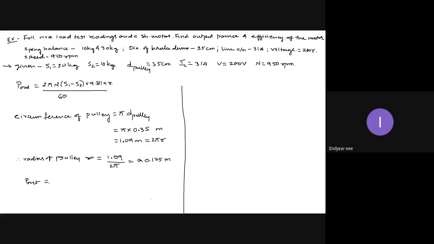Now I can substitute in the P out equation. It equals 2 pi into N, where N is 950, into 30 minus 10. They are directly in kg, so no issues. Into 9.81 into 0.175, divided by 60.